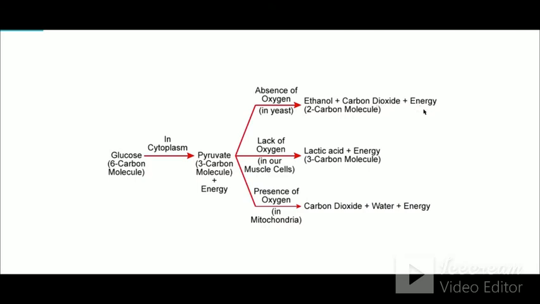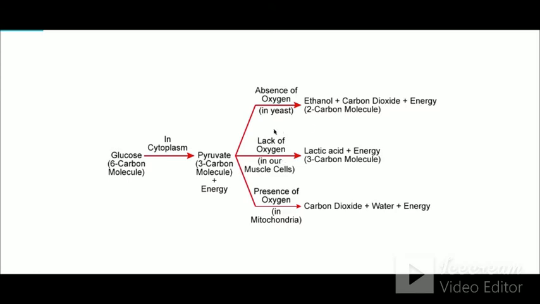Here, the energy that we get in yeast is of low value compared to the energy which we get in the presence of oxygen. The energy is gained in ATP, adenosine triphosphate.